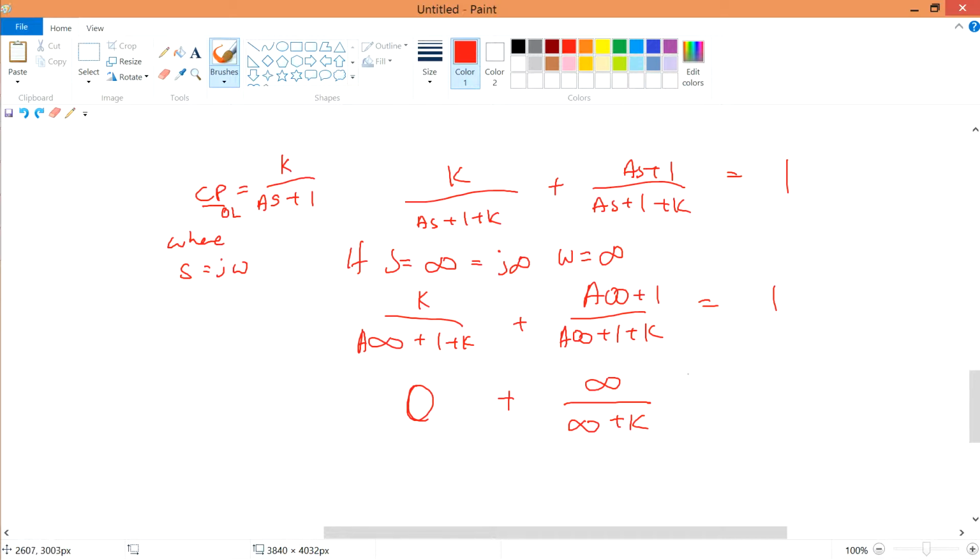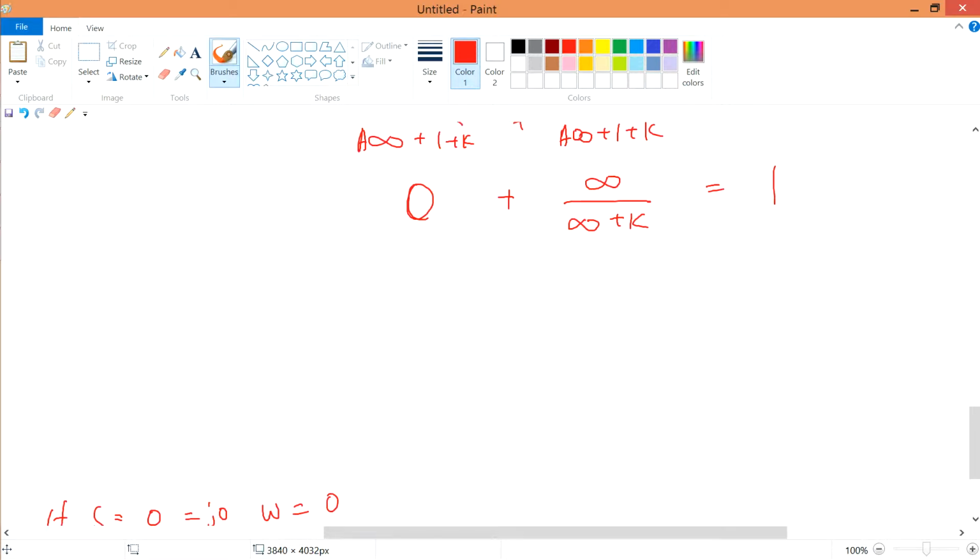For example, if it's 1000 and k is just 2, then 1000 divided by 1000 plus 2 is equal to 0.99. And if you round off to 1, we are still satisfying the equation itself, and therefore it's okay. Therefore, if you want to look at the response, we have a graph containing omega and the gain.